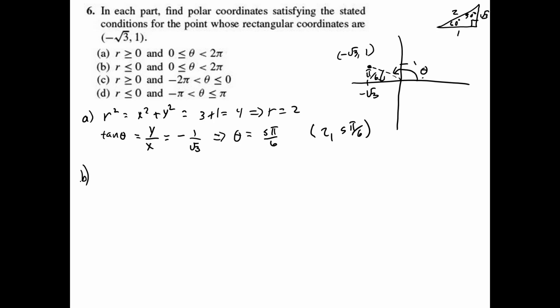So for part B, we want a negative r and an angle between 0 and 2 pi. So negative r means then that we don't want our positive x-axis to end up here. We want it to end up down here. We already know what this angle is, pi over 6. So that means this one over here is pi over 6.